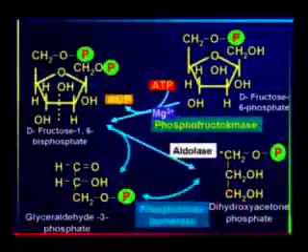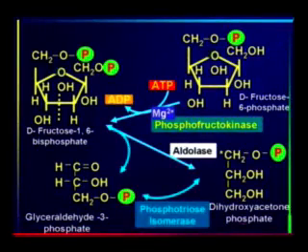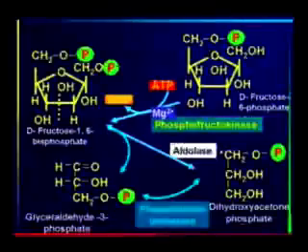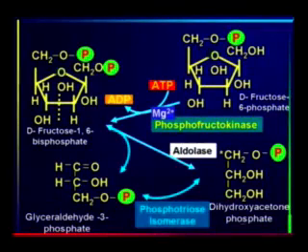Now going back to the pathway, let us have a look at what happens once fructose 6-phosphate is formed. I also told you in the beginning that when there is a kinase, there is an involvement of ATP. Similarly, phosphofructokinase involves the conversion of fructose 6-phosphate to fructose 1,6-bisphosphate.